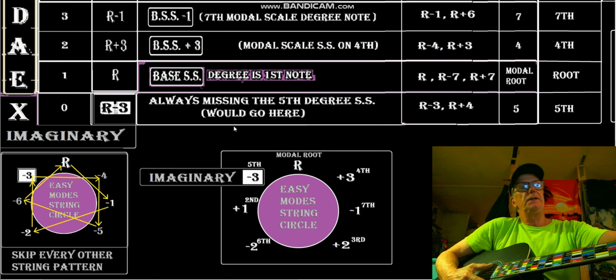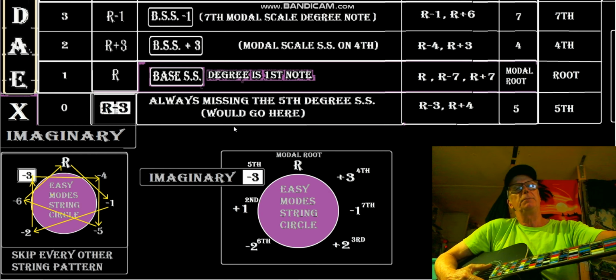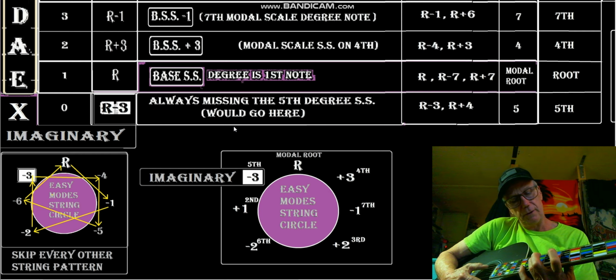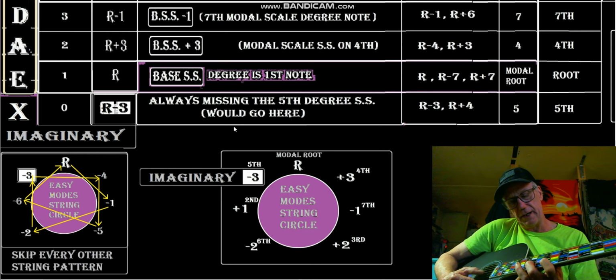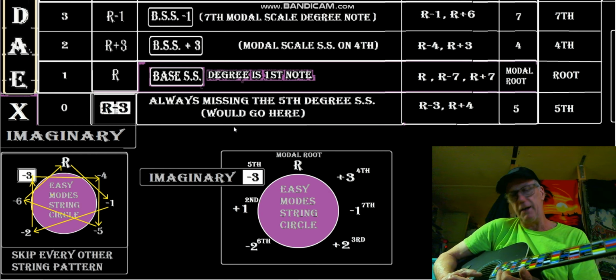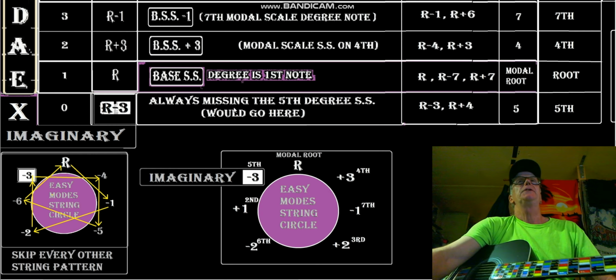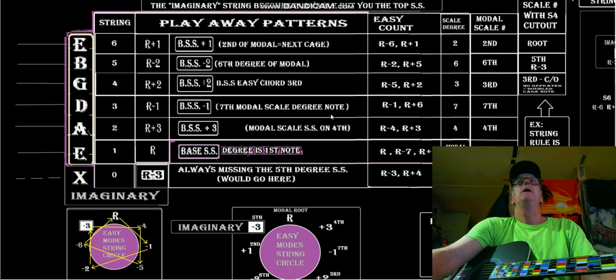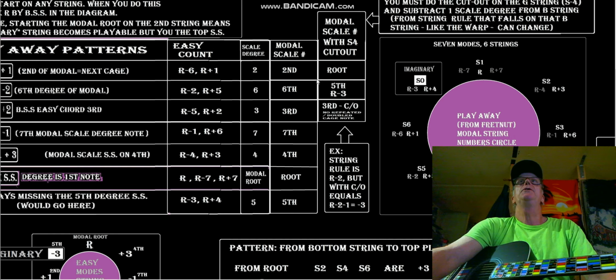It's going to be on the E. The C string shape is going to be missing in this build. 6, 7, root, 2, 3, 4, 5. Okay, so the playaways are missing the 5th, but when we do the modal cutout, we get the 5th underneath.